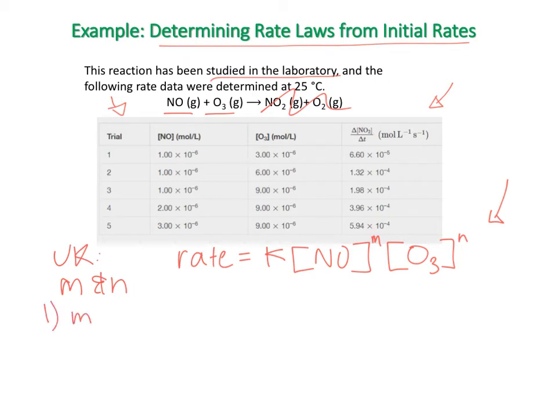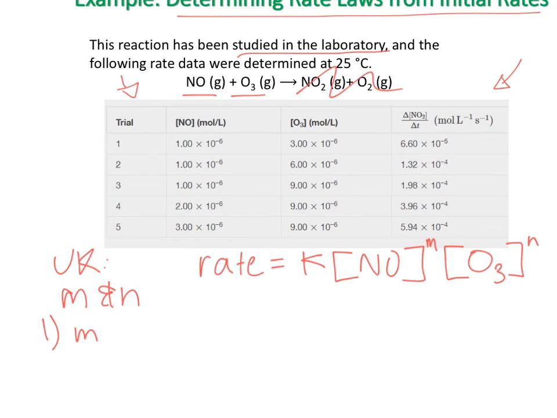Those are unknowns, okay? So first we're going to find M. Whenever you're looking for M, you need to look for the places in which the NO is changing, but O3 is constant. Remember, anytime you're trying to find a result directly correlated to a variable that you changed, you have to hold the other one constant.